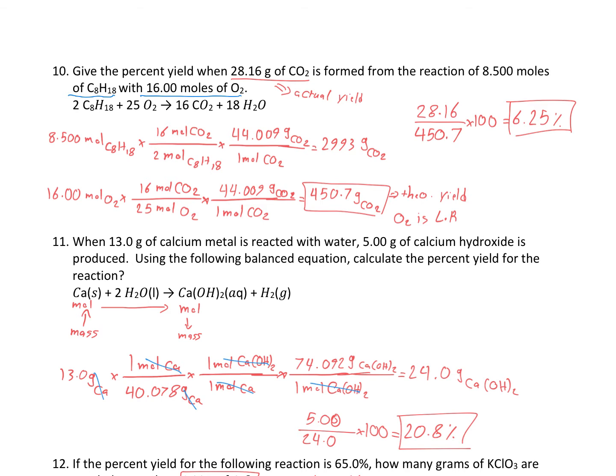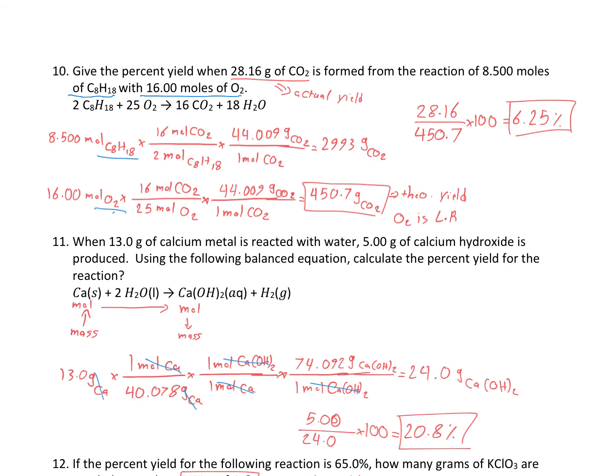So I use stoichiometry, going from the mass or mole of both of the reactants, the C8H18 and oxygen, to the mole of product, and from the mole of product to the mass of product, which is step 2, to see how many grams of carbon dioxide I get from these two amounts. Okay, so 16 moles of oxygen gives me 450.7 grams of CO2.